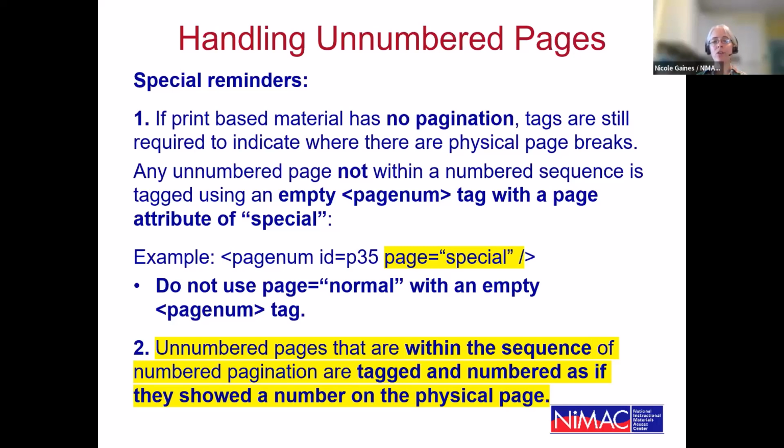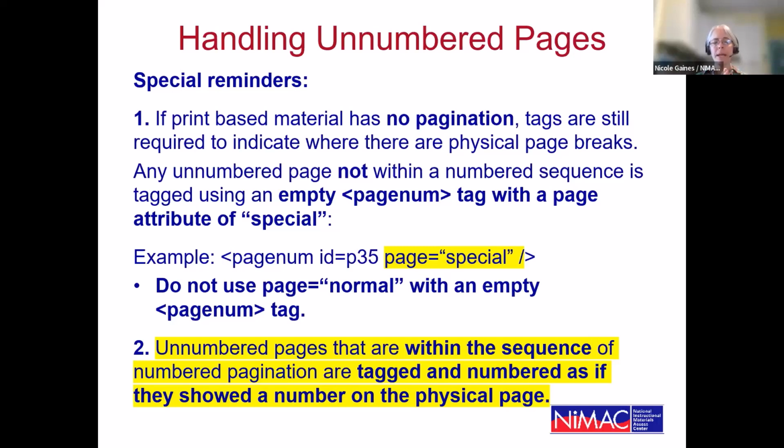And so it is really important in ensuring that those are rendered correctly into accessible formats to include the page number tag to show where those breaks happen. That would be a case where you would just have the empty page num tag, with the page attribute special.